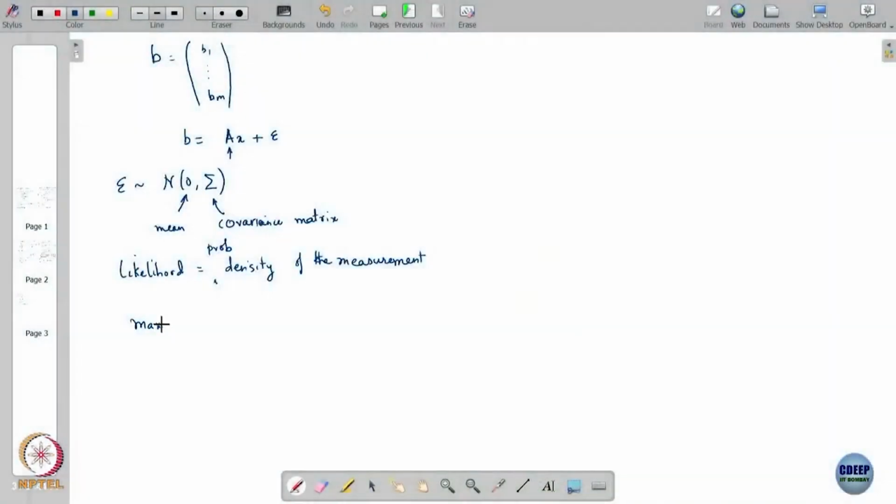So, you look for the parameter x that maximizes the likelihood of seeing this particular measurement. Effectively, you find the x that maximizes the likelihood of the observed measurements.